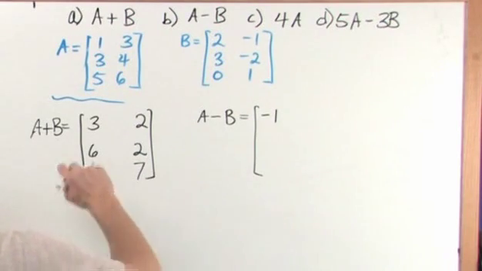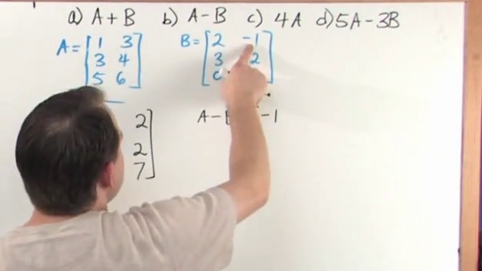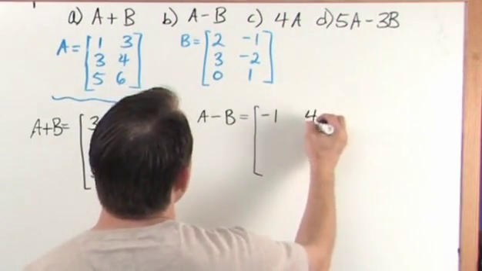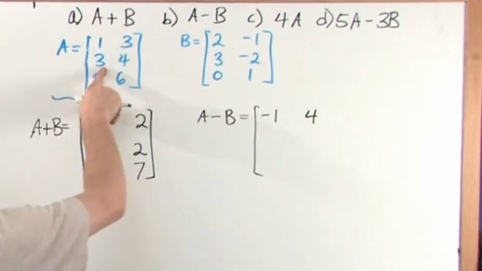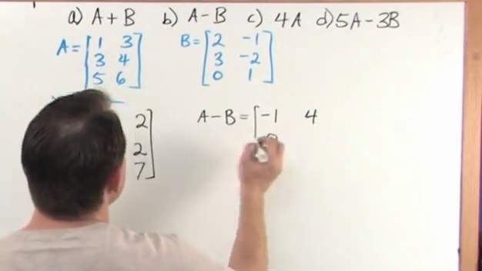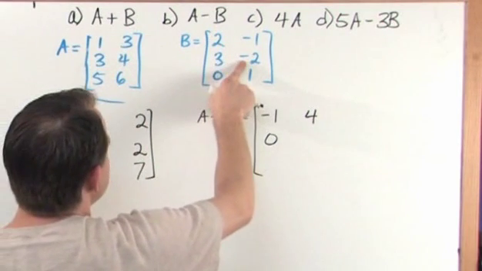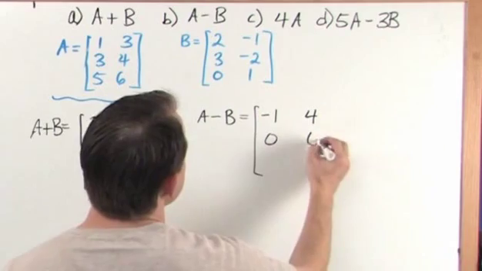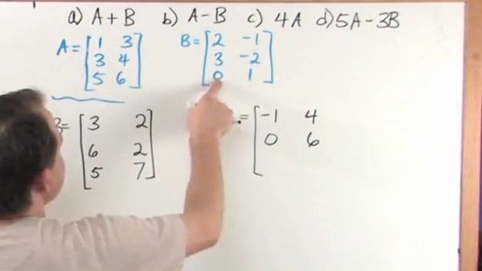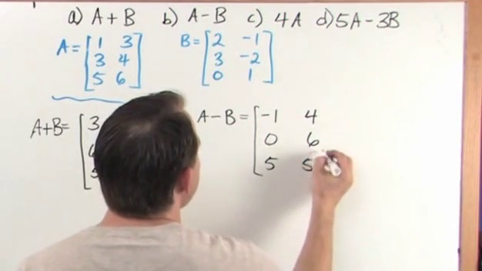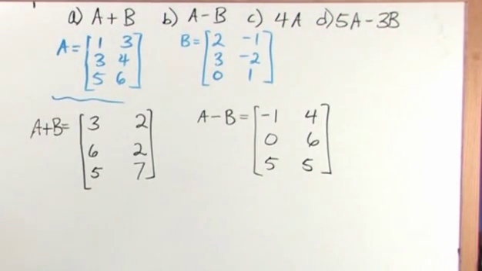So we write that down in that position. 3 minus a -1 is 3 plus 1, which is 4. 3 minus 3, because we're subtracting, is 0. 4 minus -2, which is the same thing as 4 plus 2, gives you 6. 5 minus 0 gives me 5. 6 minus 1 gives me 5. So at the end of the day, A minus B is -1, 4, 0, 6, 5, and 5.